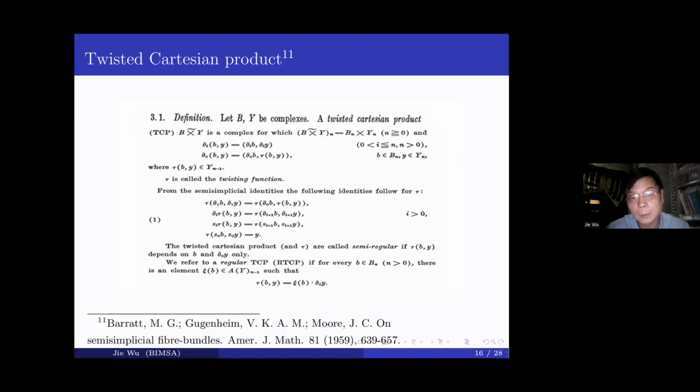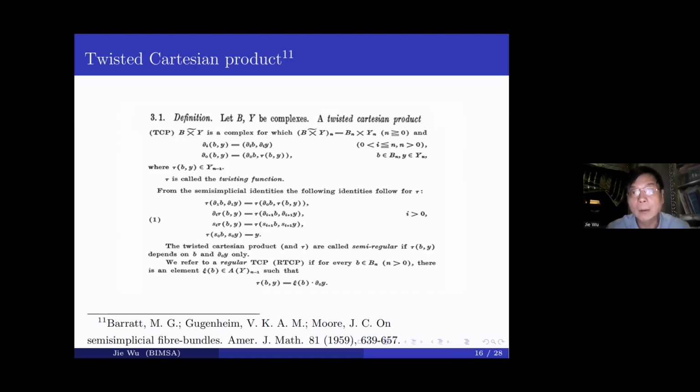At that time, the so-called semi-simplicial complex is nowadays called a simplicial set. It is a generalization of a simplicial complex, roughly speaking just by adding degeneracy complexes.